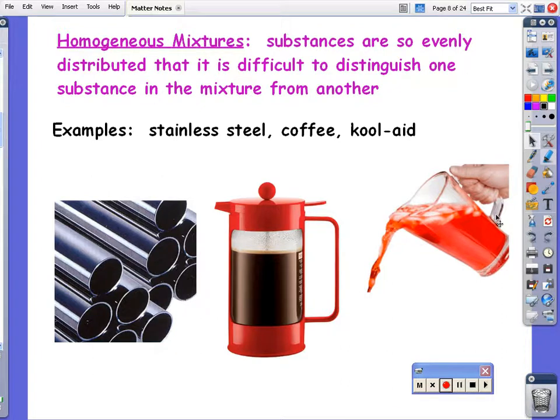Kool-Aid, when it's mixed, is indistinguishable, as in you can't point out where a water molecule is and where a Kool-Aid particle is. They're so thoroughly mixed that it looks like it's one throughout. Same way with coffee. Coffee's so thoroughly mixed together that it's indistinguishable, which means you can't just pick it out like the salad.